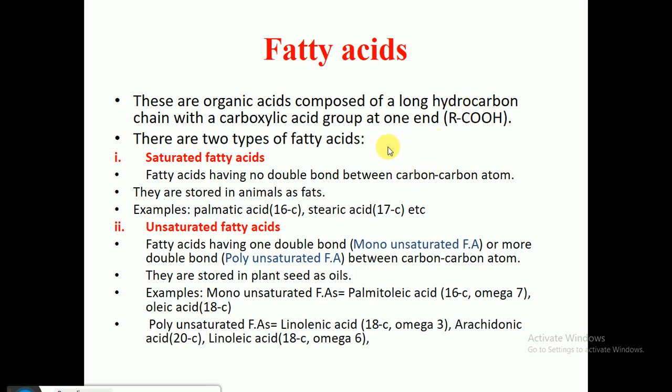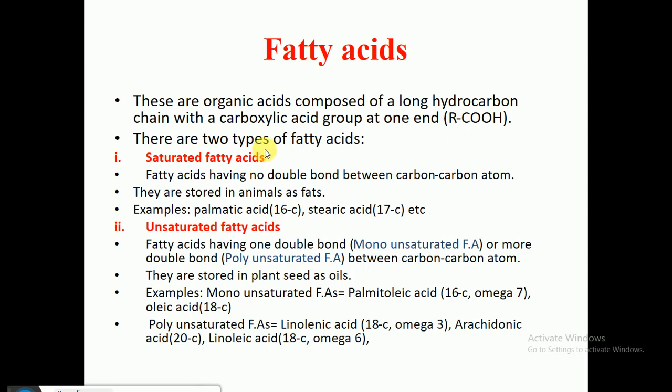So this organic acid consists of a long hydrocarbon chain with a carboxylic acid group at one end. Look here, this is the one end, and the carboxylic group is attached to the alkyl.